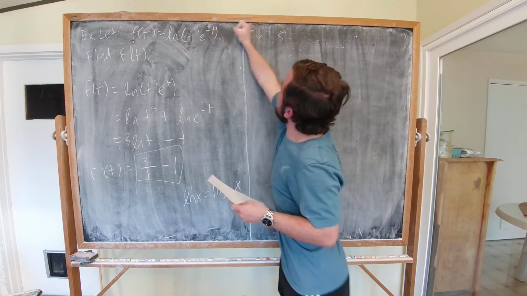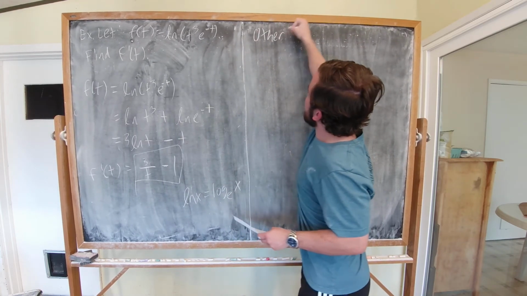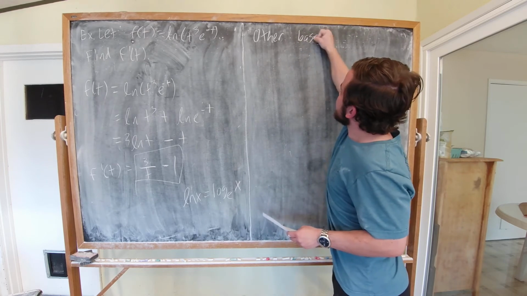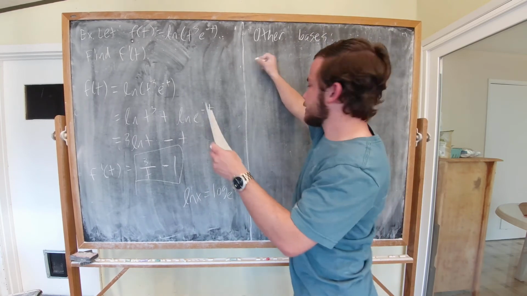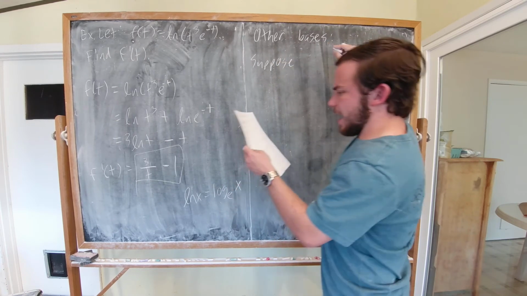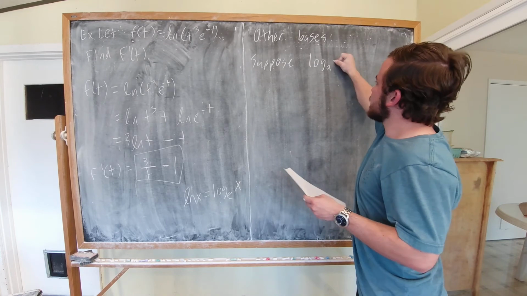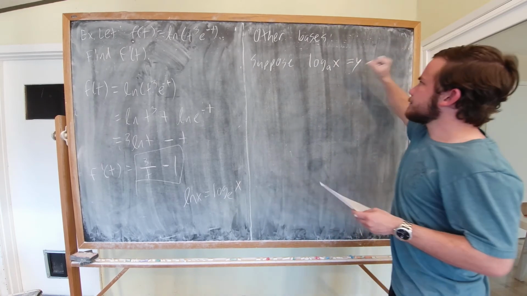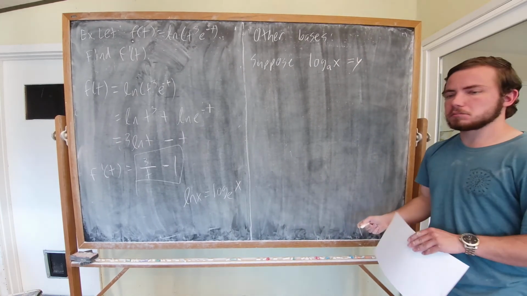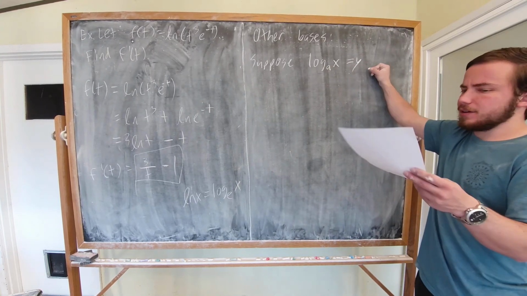Suppose, sorry, this is an example. So, other bases. Let's suppose that log base a of x is equal to y, right? We can always write that. We're just going to say, hey, call this thing y.